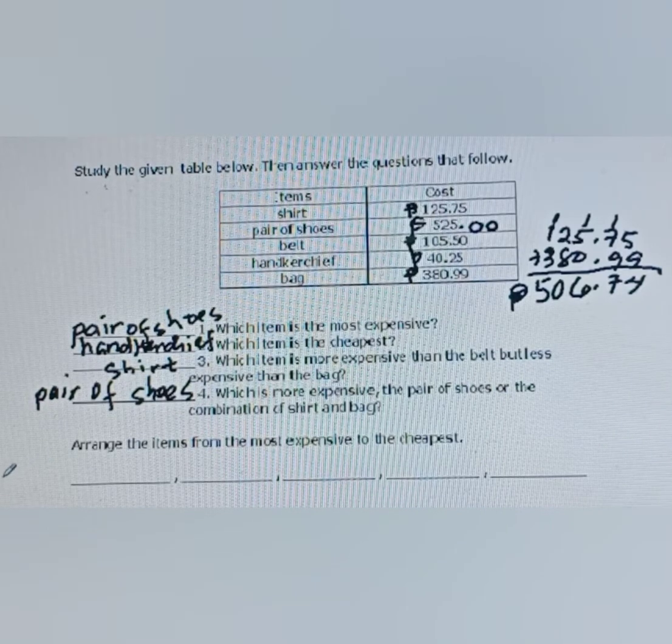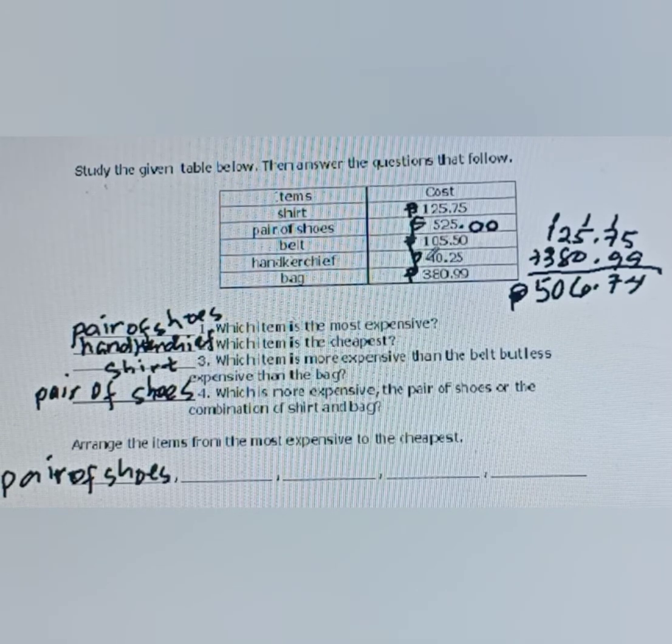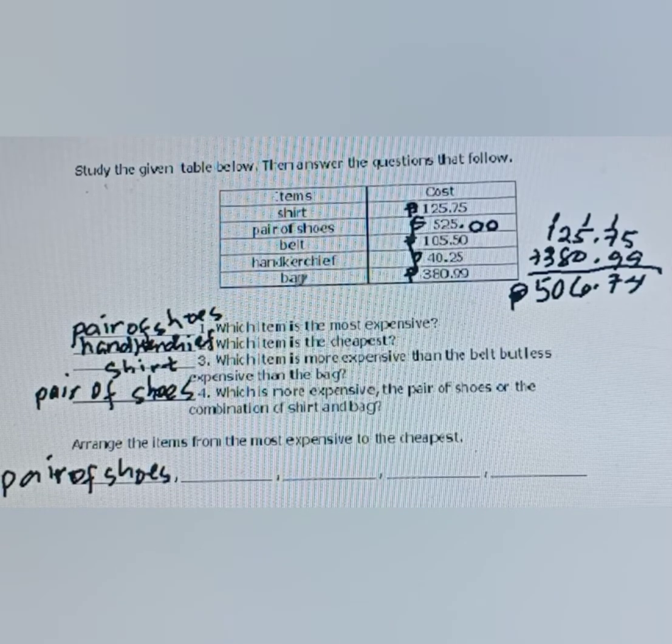So let's write pair of shoes. Okay, the next biggest whole number after 525 is 380, right? So the next most expensive is the bag. So let's write bag here.